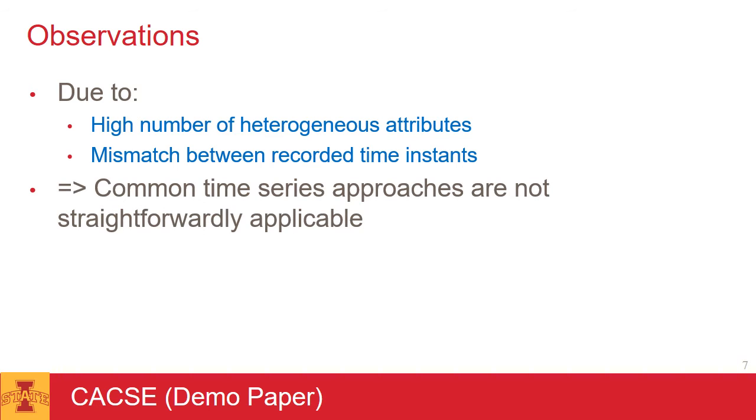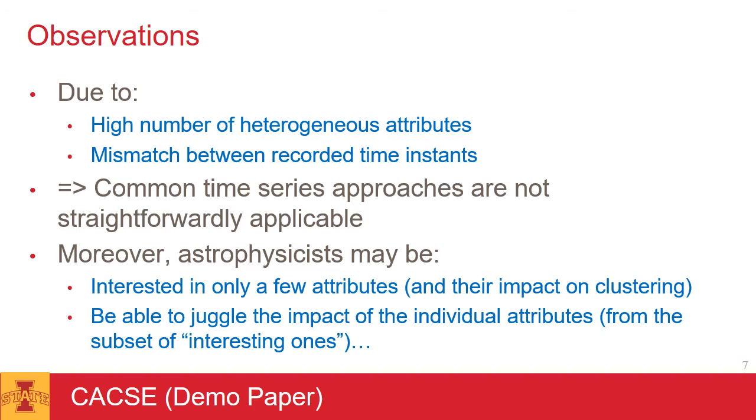So the commonly used time series approaches are not straightforwardly applicable. I'm not talking only about the mismatch. One can think immediately of dynamic time warping and variants of it. What I'm talking about here is also simply the dimensionality curse.